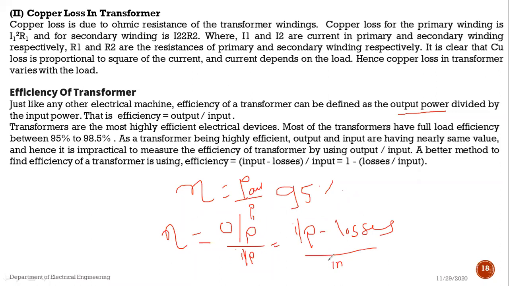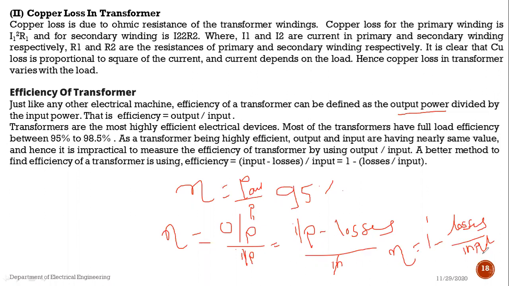If we separate this, input divided by input is 1, minus losses divided by input. So the equation is 1 minus losses divided by input. According to this formula we can calculate the efficiency of the transformer. So the efficiency of the transformer equals 1 minus losses divided by input.